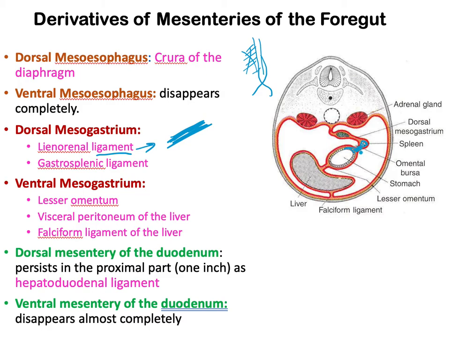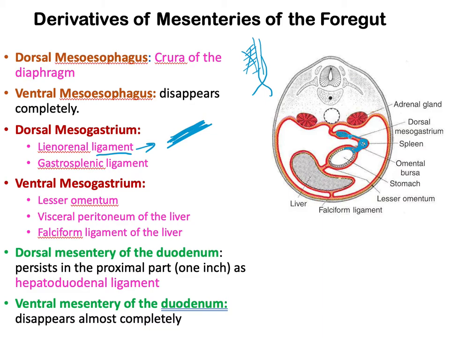So this double layer of peritoneum between the stomach and spleen is called the gastrosplenic ligament. And from the spleen, which formed inside the mesogastrium, to the kidney, this ligament is the lienorenal, or you can say splenorenal ligament.